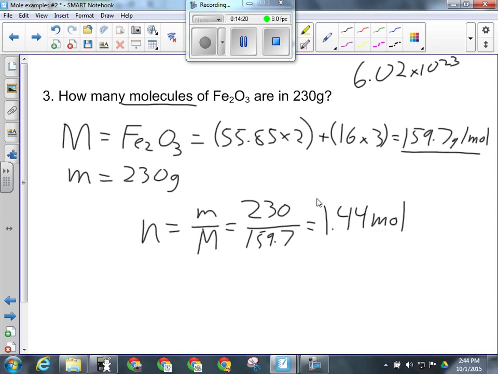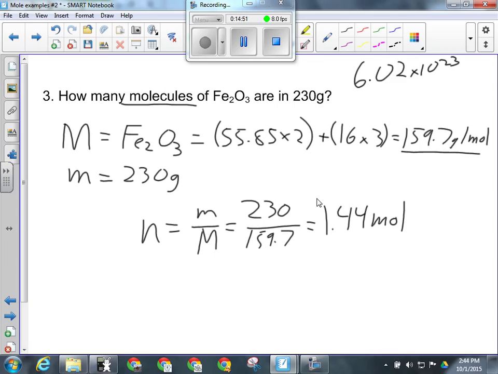All right. At this point, I know I got to use Avogadro's number. Which makes more sense? I want to find the number of molecules. Should I divide by a number that represents how many are in a mole, or multiply by a number that represents how many are in a mole? Multiply. In the same way that if you were trying to figure out how many donuts you had if you had 4 dozen, you would go 4 times 12.